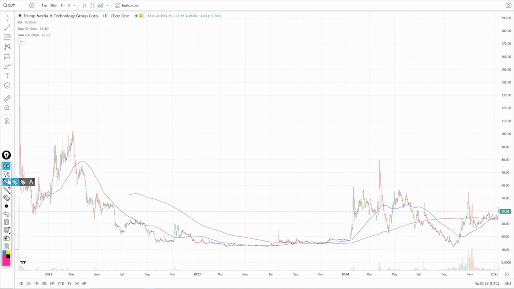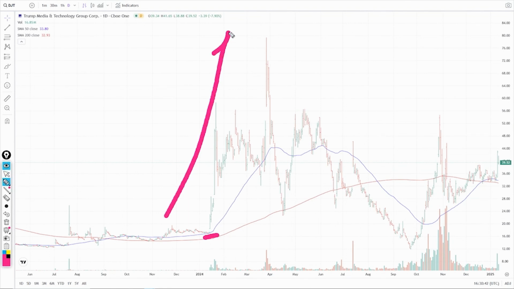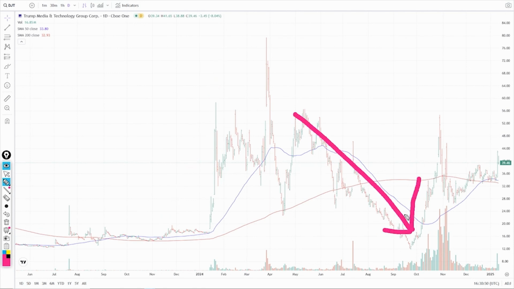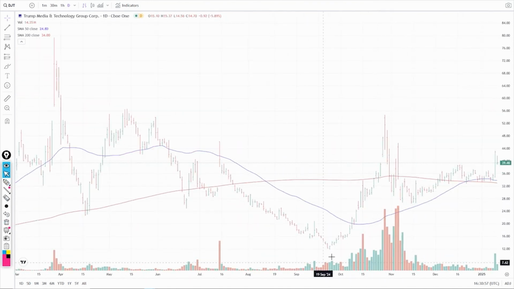Okay, so let's zoom in here over the course of the last year and a half or so, couple of years. And you see, into 24, huge spike up as the SPAC officially makes its move. And then pressure throughout the year. But what's happened recently is this move since late September.